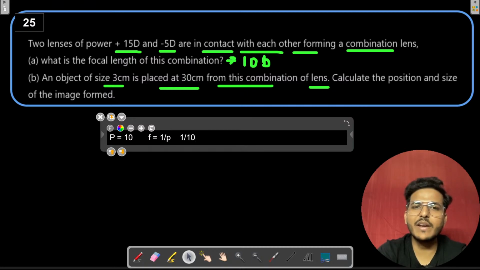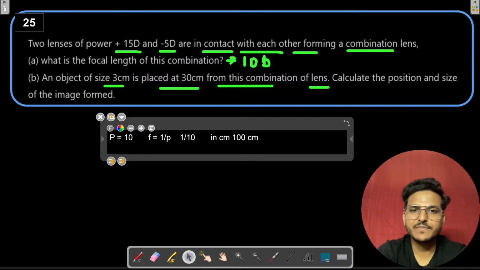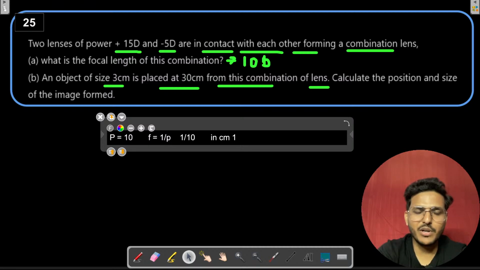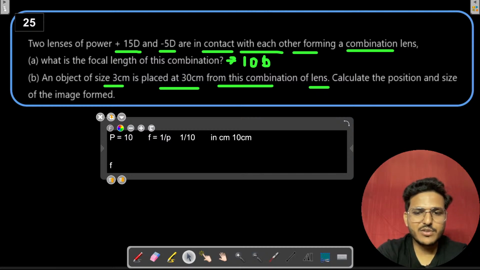This is in meter, so in centimeter it is 100 upon 10, that is 10 centimeter. So you have F equals positive 10 centimeter.